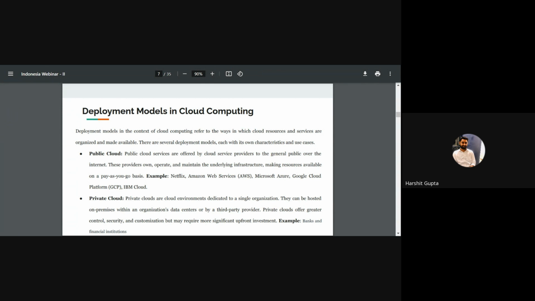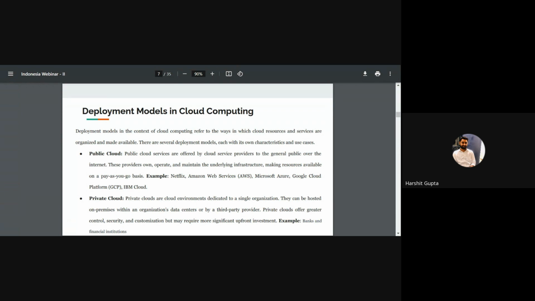We require only a system and internet, and we may use these services anytime, anywhere. So this is called the public cloud, the services of which are accessible by anybody.